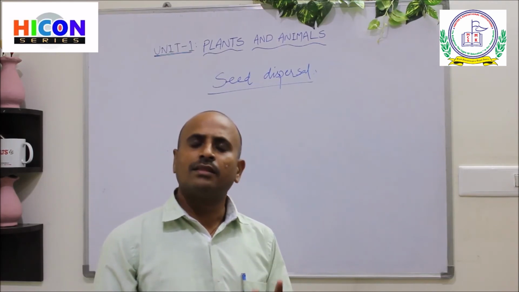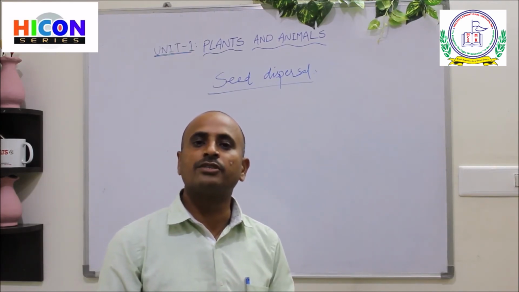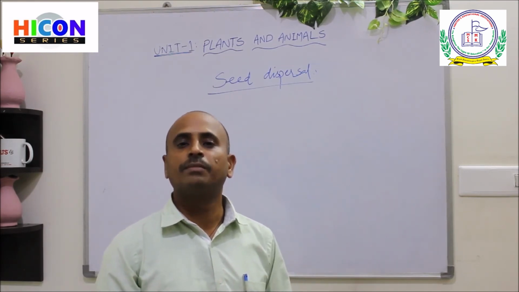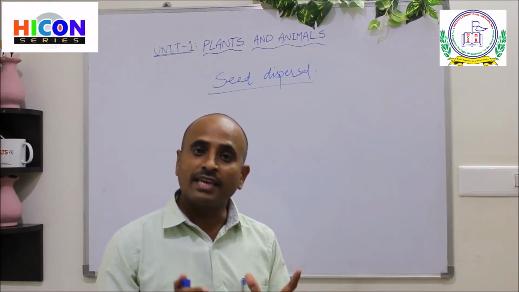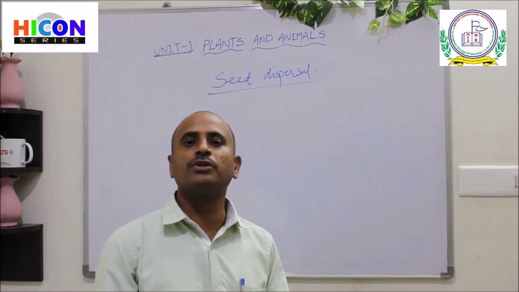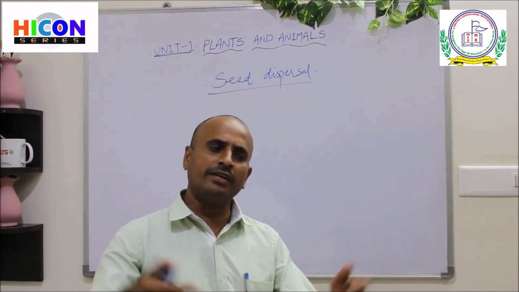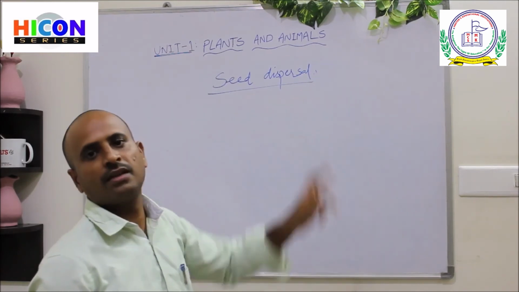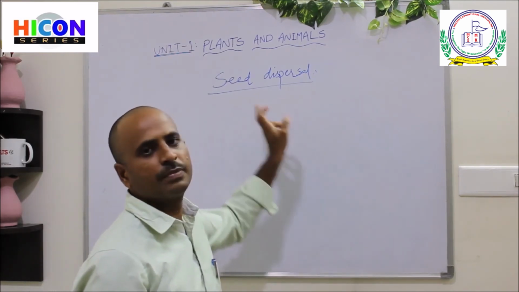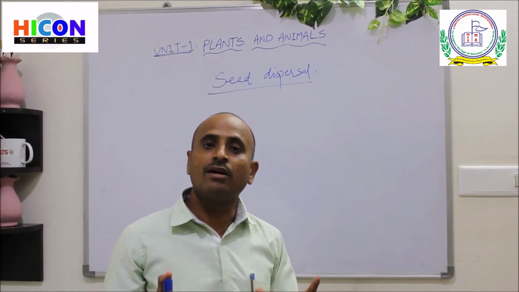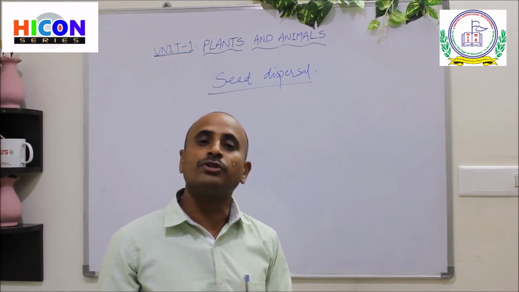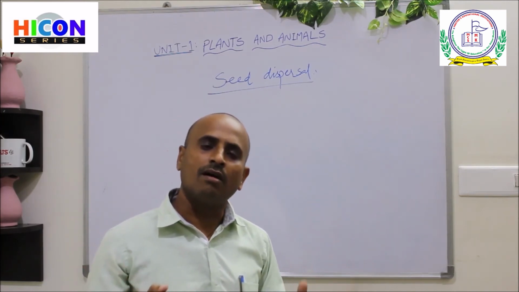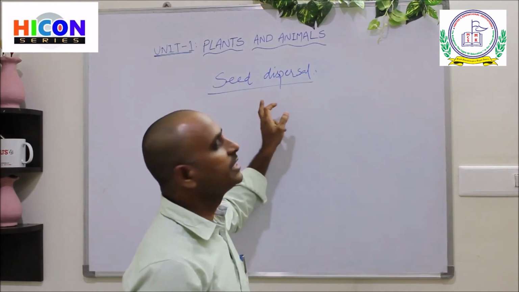This scattering of seeds and fruits produced by the plant to distant places, that means to larger places, is called seed dispersal. So what is seed dispersal? The scattering of seeds and fruits produced by plants to distant places is called seed dispersal.